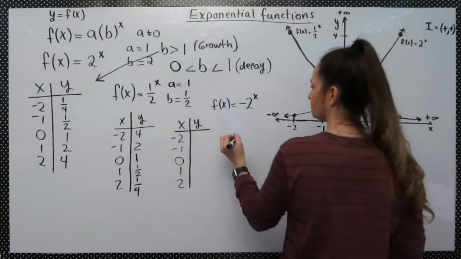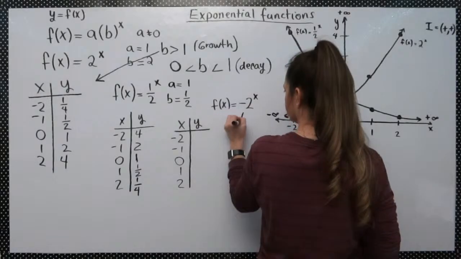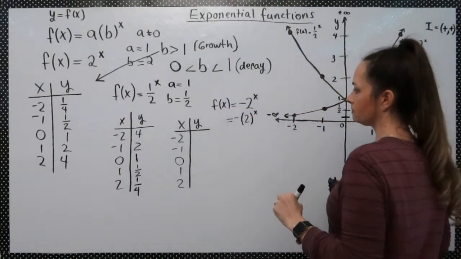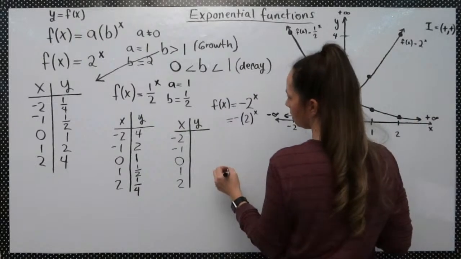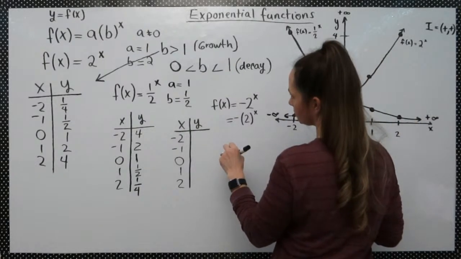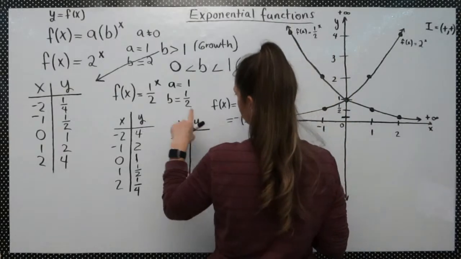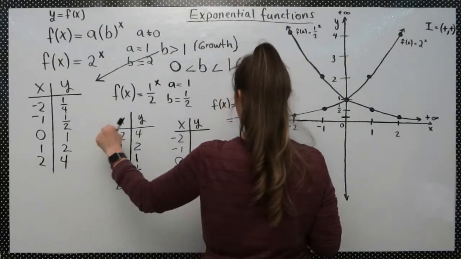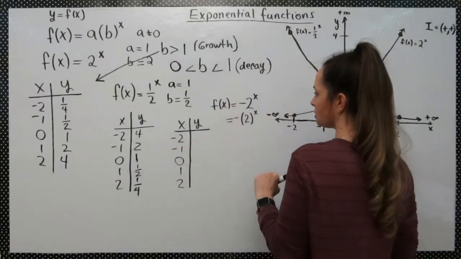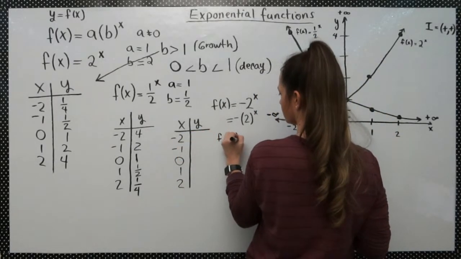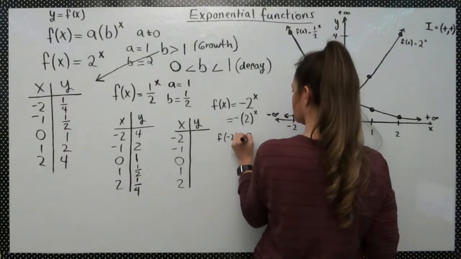Do that one. So what we're doing is we're taking all of these points and we're making them negative. So that first one, f of -2, is going to be 2.